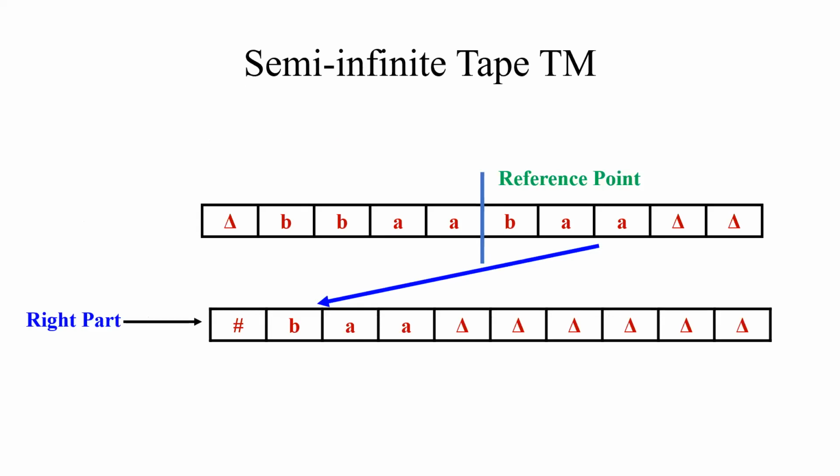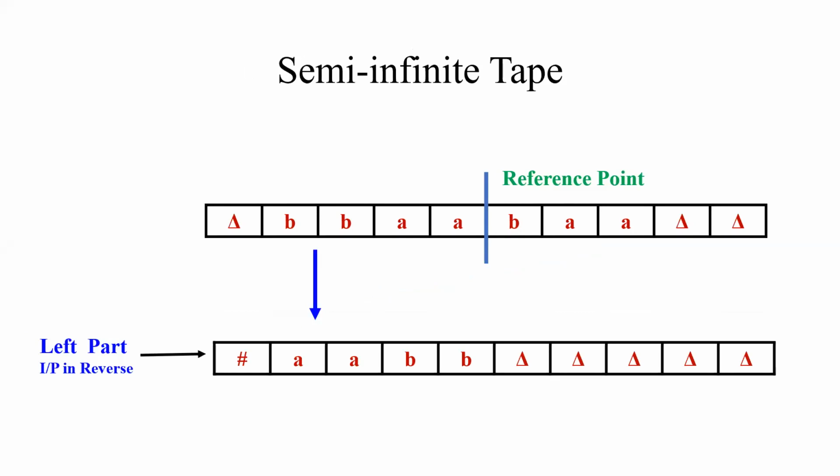Just see this. We have an infinite long tape. We will divide this tape into 2 parts based upon the reference point. It is not necessary that the reference point should be in the middle; it can be anywhere. The right part is inserted as it is, BAA delta delta, and a hash symbol is placed before B to indicate that this is the point where the machine has been split.